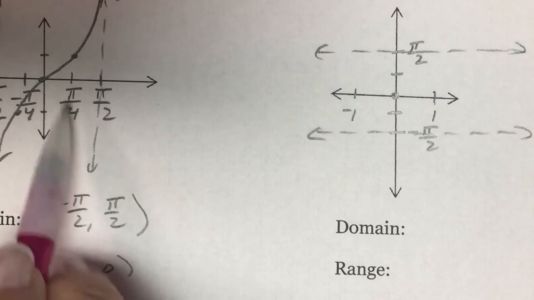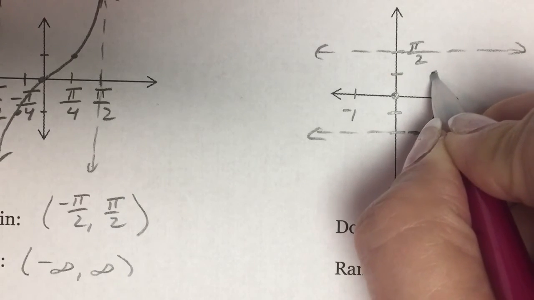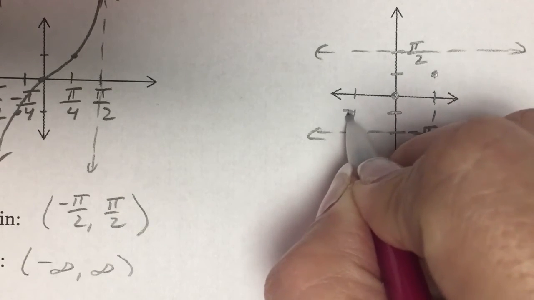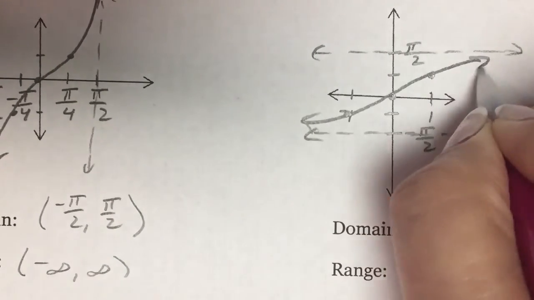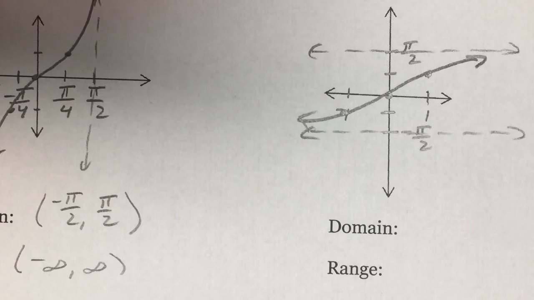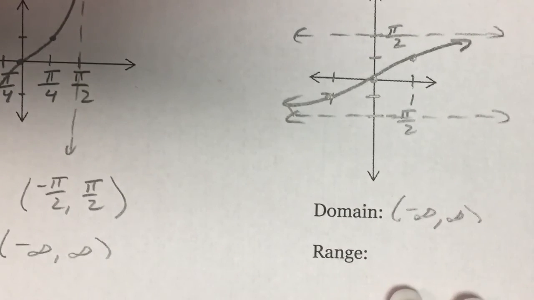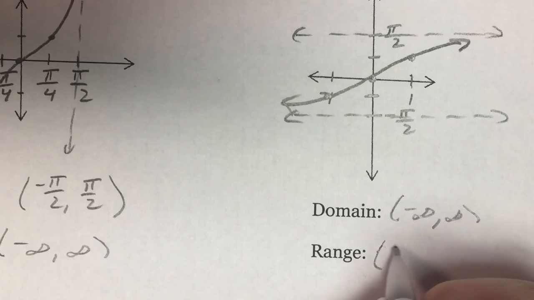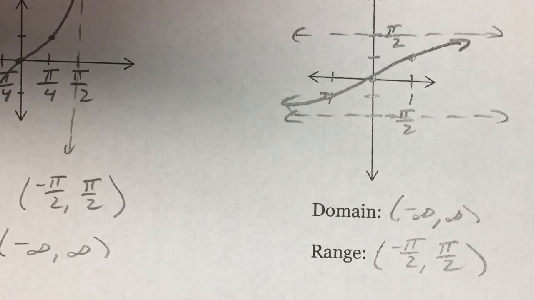Now this point right here is pi fourths, 1. So we're going to go 1, pi fourths. And then we're going to go negative 1, negative pi fourths. And you can see that it's going to look like that. So now the domain is all real numbers, and the range is from negative pi halves to positive pi halves. Okay, so there you've seen all three of the graphs.